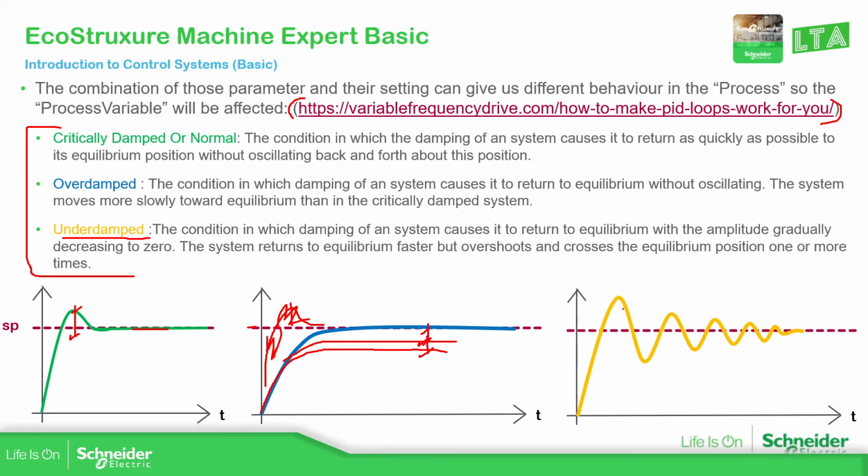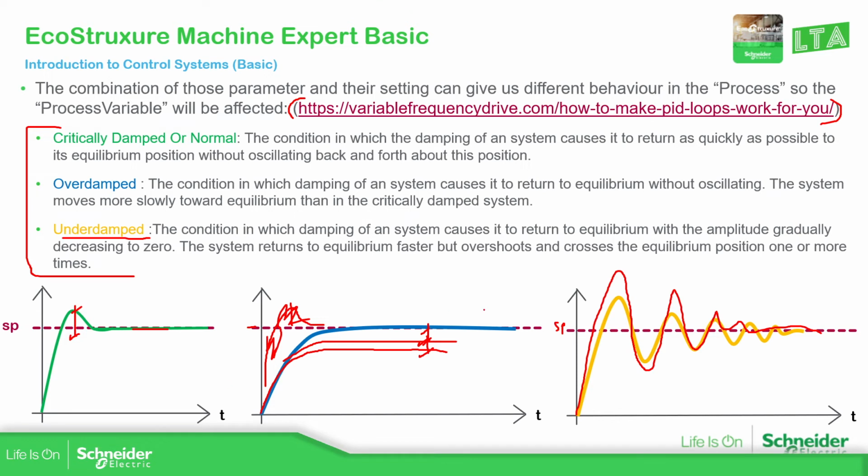It starts going around the set point that I have selected, and this will also depend on the parameters that we have configured. We can have more overshooting, and it will reduce and reach the set point. So that's the idea of the different behaviors that we can have.